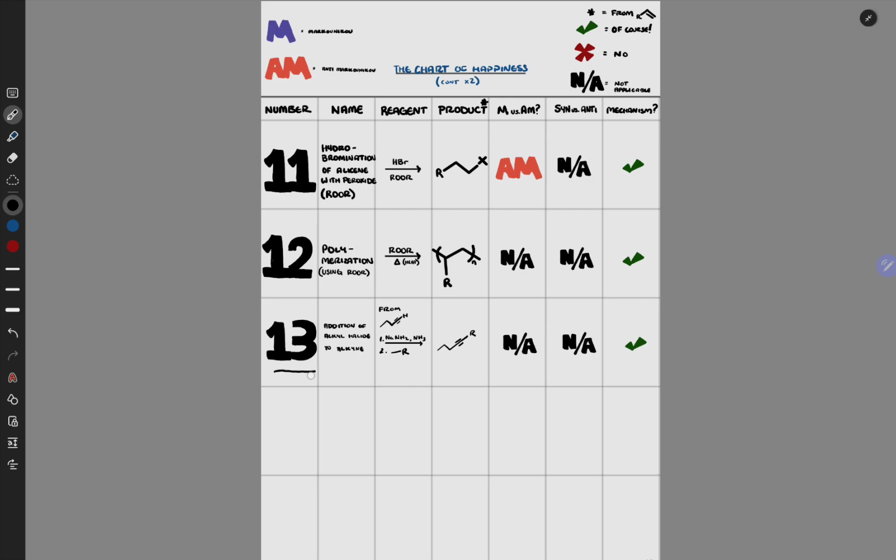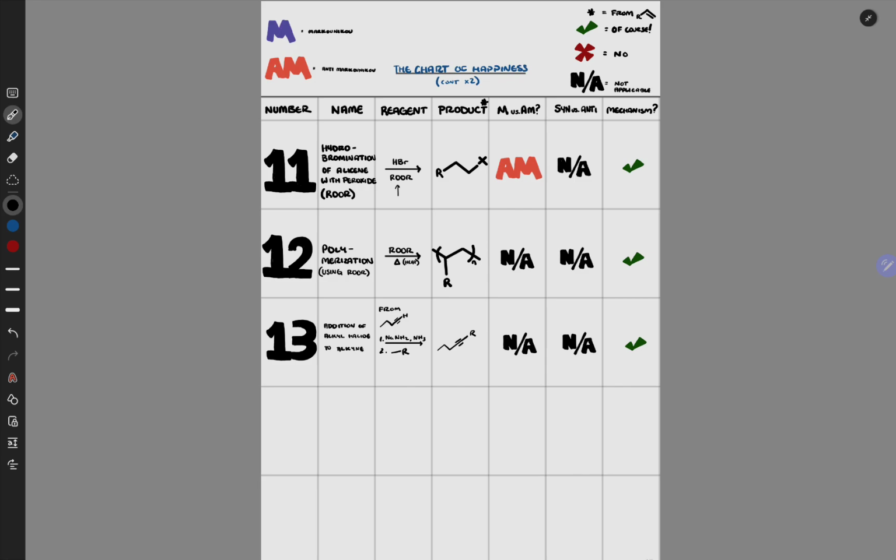This 13th here is something that Brother Johnson added in order to help us understand a little bit better the one from chapter 9, I believe. We'll go over that mechanism as well, so I won't cover this one much here. But looking at number 11, we have hydrobromination of an alkene with peroxide. Pretty self-explanatory.